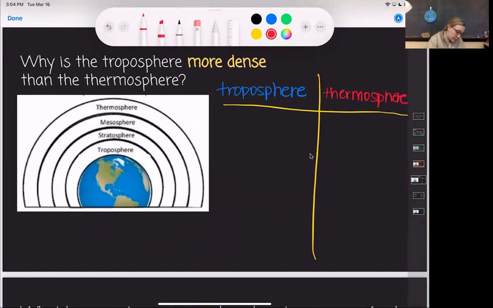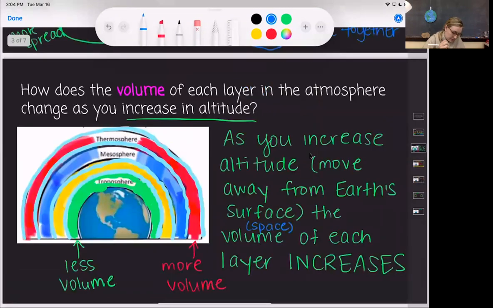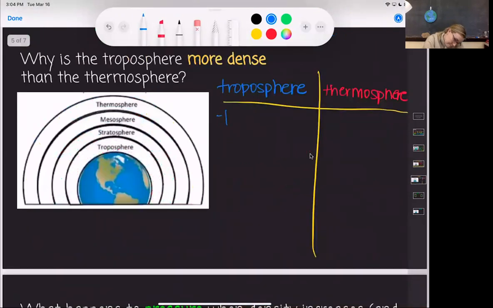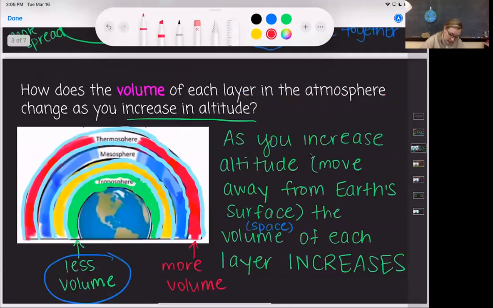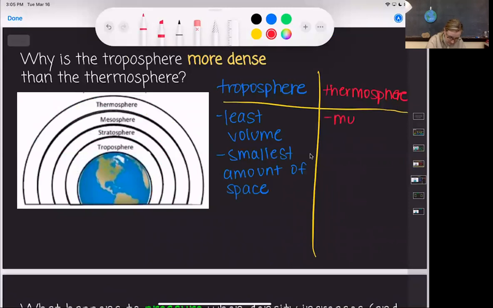Okay, the troposphere, if you look up here, has the least volume, the least amount of space. On the other hand, the thermosphere actually has the most volume and the most amount of space. This is the biggest layer as far as volume goes.